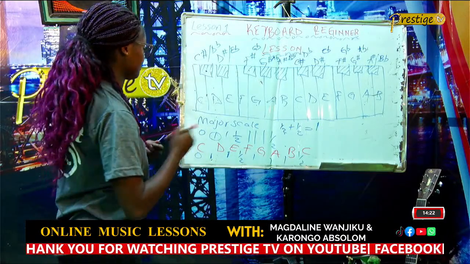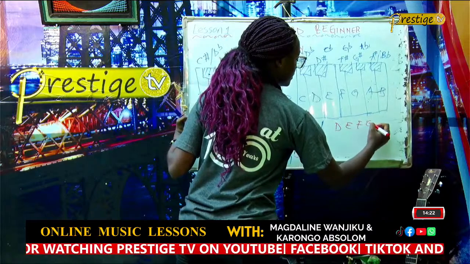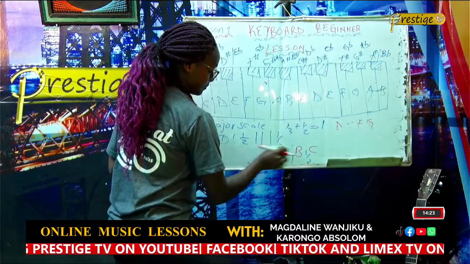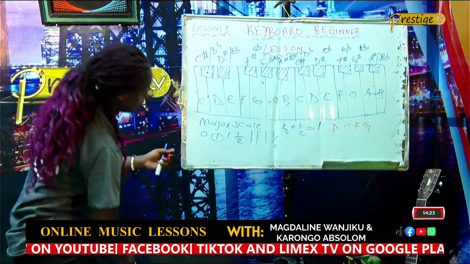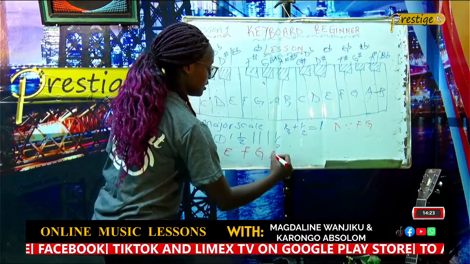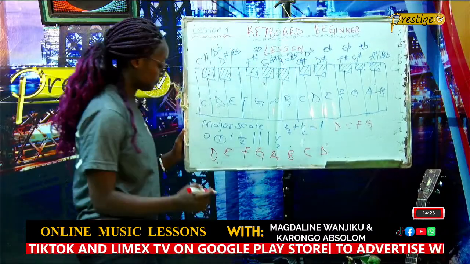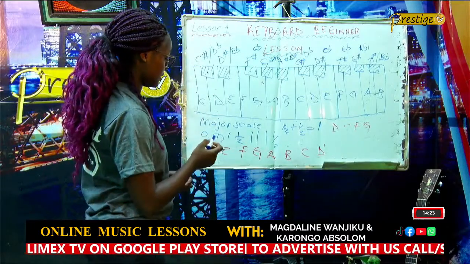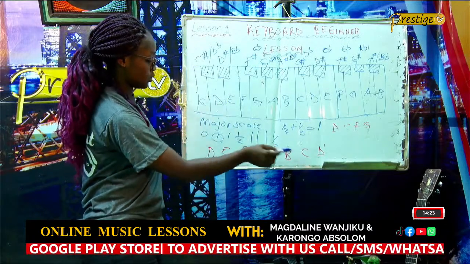That's D. So we take D, E, F, G, A, B, C, and then D, the upper D. So when you move from, and we have said all scales must be the same, so we just extract and go with the pattern.